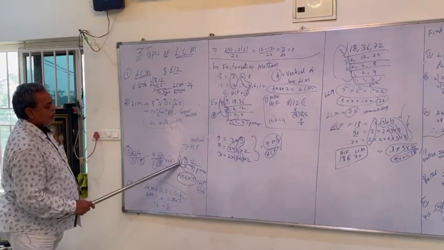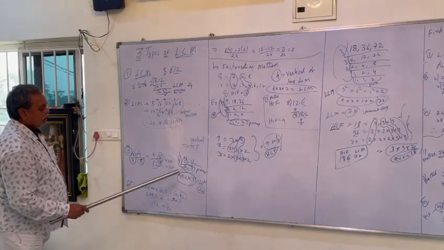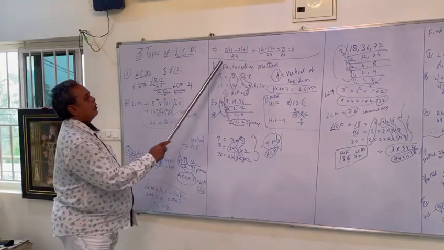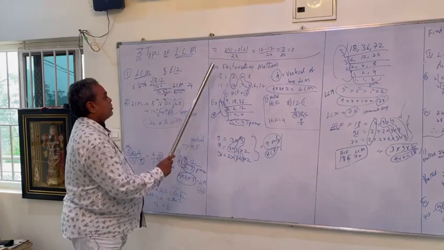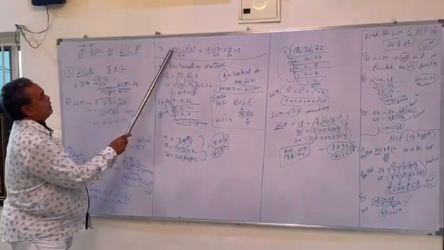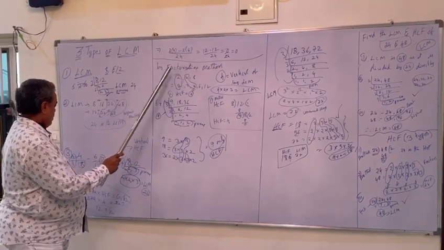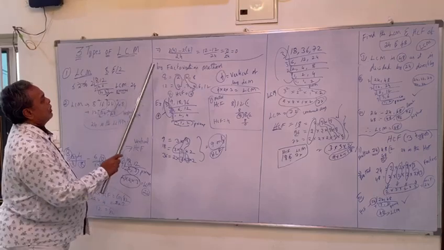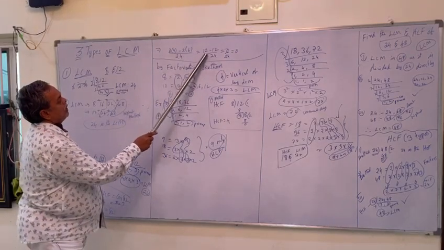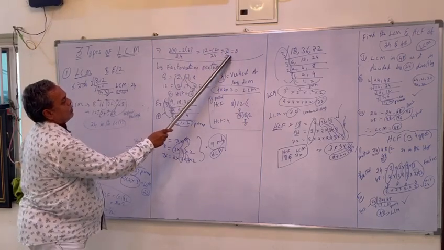Here the LCM is 24, and we get HCF. 24 by 24: how many times does 8 go? 8 goes 3 times. That's 3 into numerator 4, minus, next 12 goes in 24 2 times, into 6. 12 minus 12 is equal to 0 by 24, that is equal to 0.